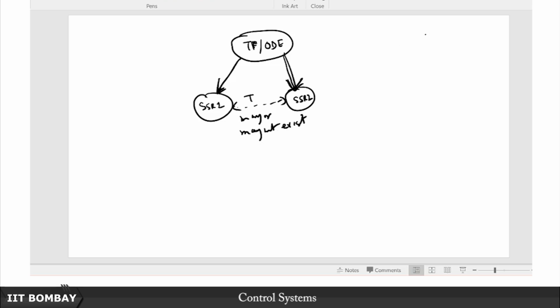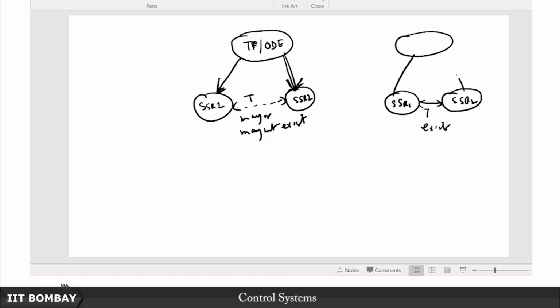On the other hand, if you have two state space representations that have a similarity transformation between them, so if this T exists which connects this SSR1 with SSR2, then we have seen that they must necessarily lead to the same transfer function. So this is not something that goes both ways.